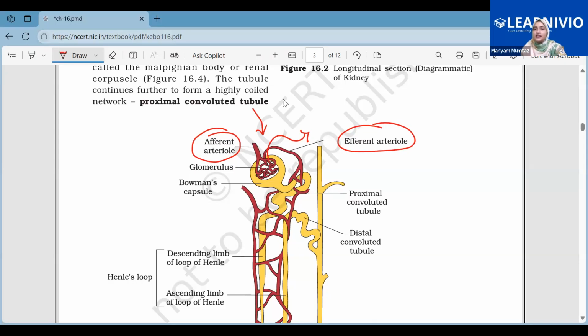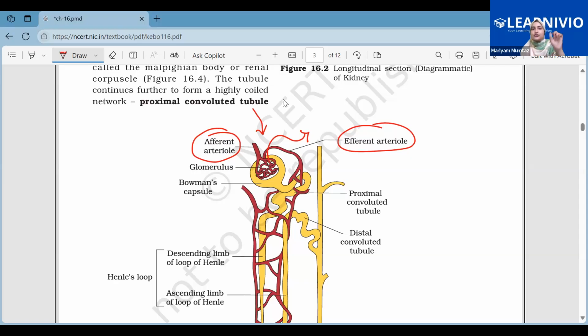So how would you remember? Like when you have to call someone, you say idhar aao, isn't it? You say aao, right? So remember that when the blood has to come into the glomerulus, it will be A, like ow, blood ow. So that is afferent arteriole. You can remember it like this, or if you have a better way, you can remember it like that also. But this is my way of how I remember.